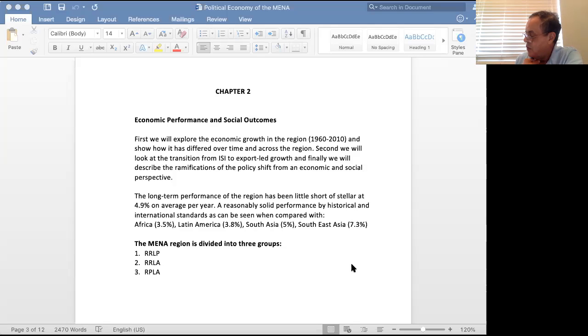Then we look at the resource-poor, labor-abundant countries, and these include Egypt, Jordan, Lebanon, Morocco, Palestine, and Tunisia. So we have 1, 2, 3, 4, 5, 6.